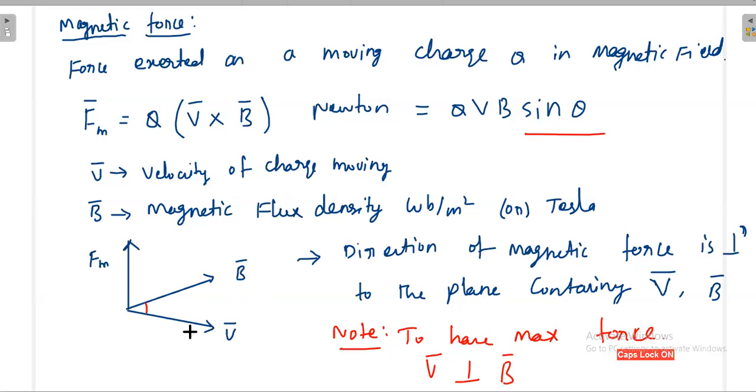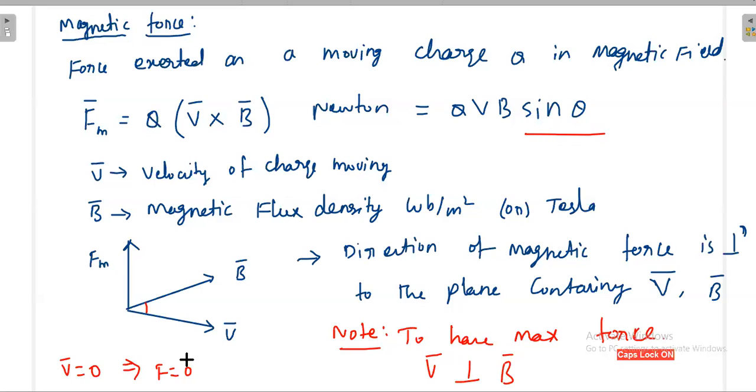Next, my question is, what will happen if velocity is zero? If velocity is zero, definitely force is zero. Once velocity is zero, then force is actually zero, because if at all you want to have a current, definitely the charge has to move. Once it moves, it will have some velocity.